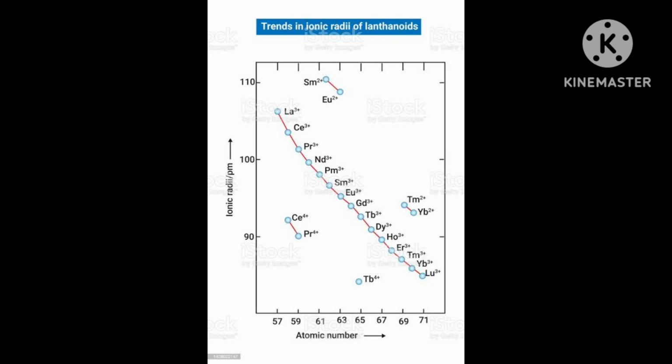Now you can understand that 5d1 6s2 is there, then 3 electrons are possible that can be removed. Then it is easy to remove 2 electrons. First the 6s2 electrons can be removed.